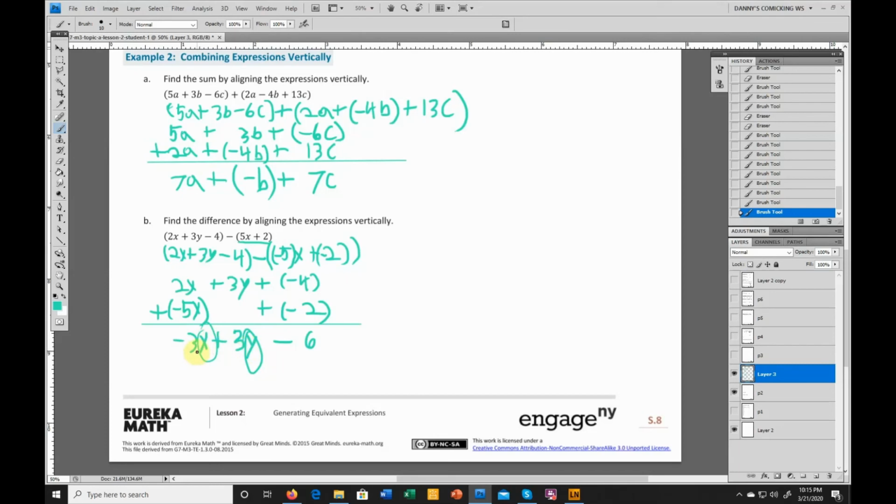You've combined all of your x's, all of your y's, and all of the terms that do not have a letter beside them. And that's as far as you can go. So remember that equations we solve, and expressions we simplify. These are expressions we are simplifying.